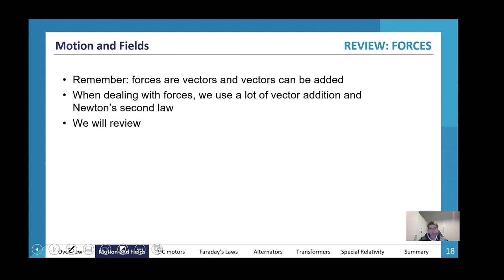When dealing with forces, obviously we use a lot of vector addition and Newton's second law. But 2 very important cases that you need to remember and that we will review now when it comes to motion questions are inclined planes and tension.